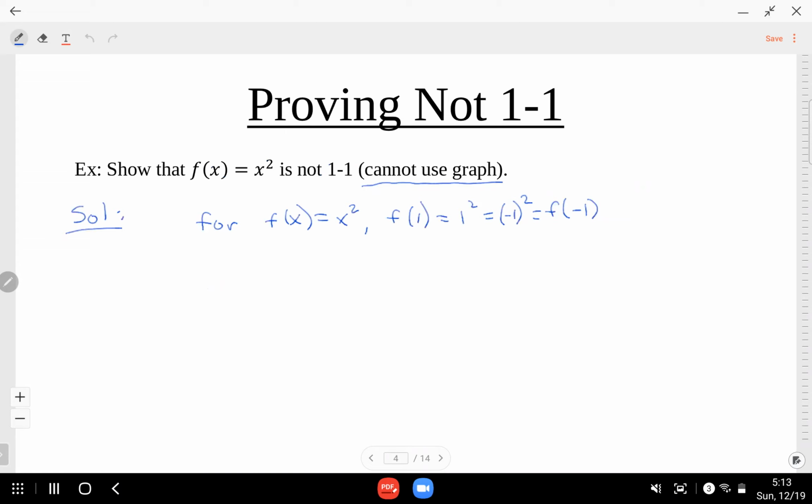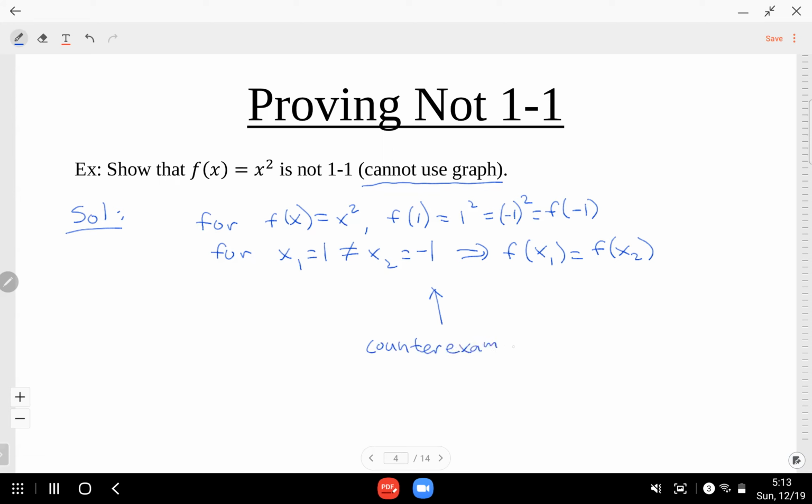So that is why for x1 equal to 1, which does not equal x2 equal to negative 1, f of x1 is equal to f of x2. And this is a counterexample.